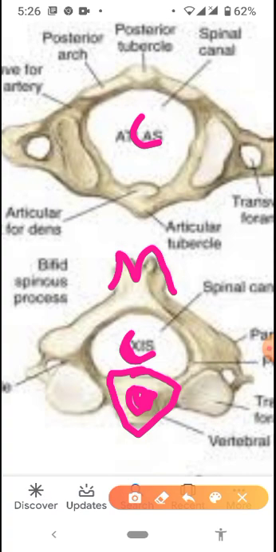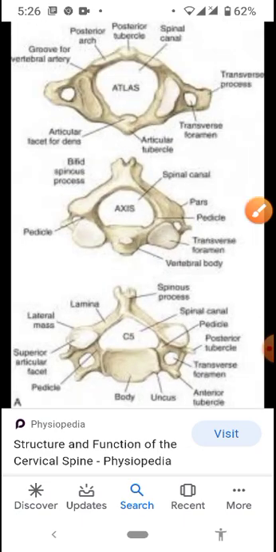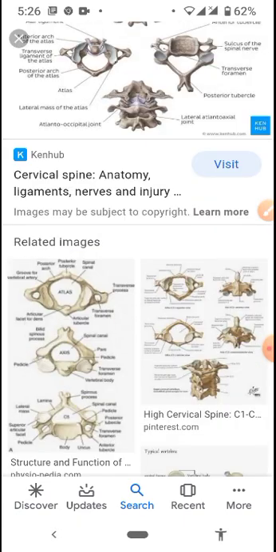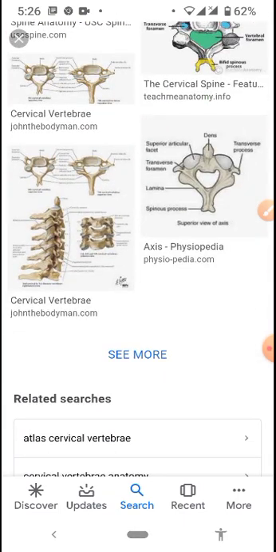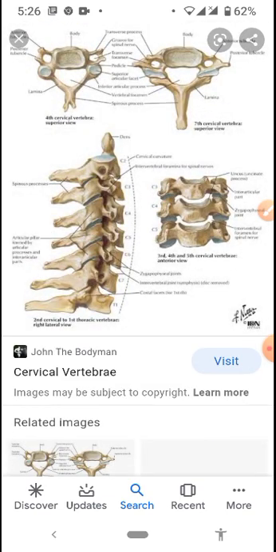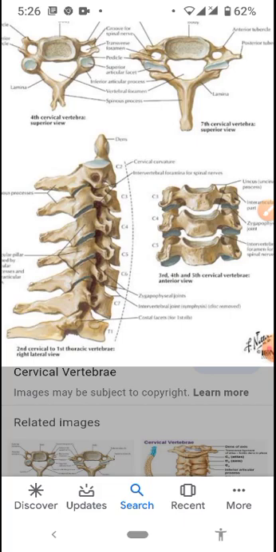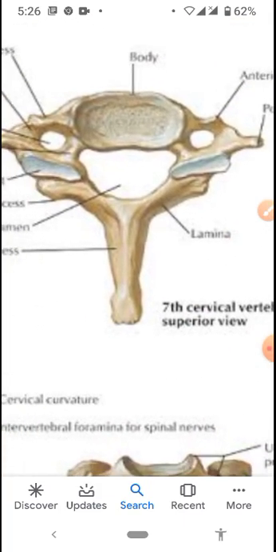Okay, so the other atypical vertebra is the C7 cervical vertebra. This one is the C7 cervical vertebra.